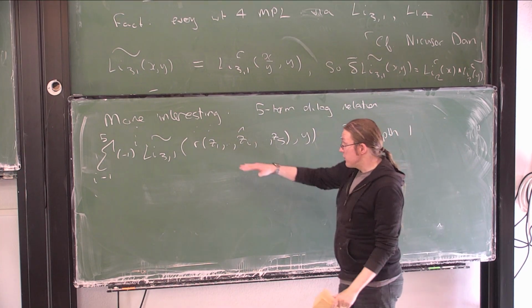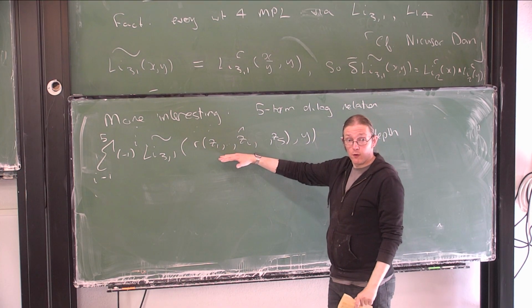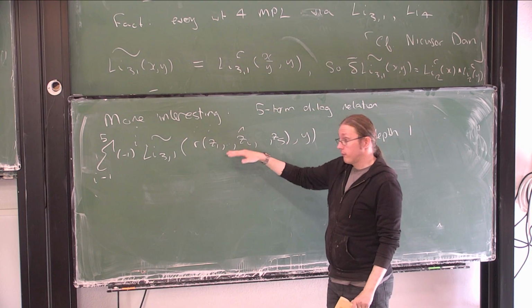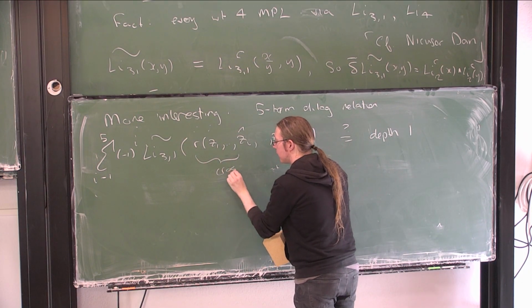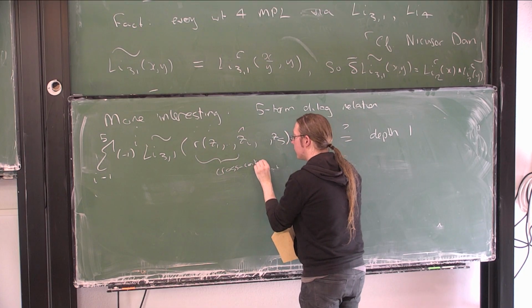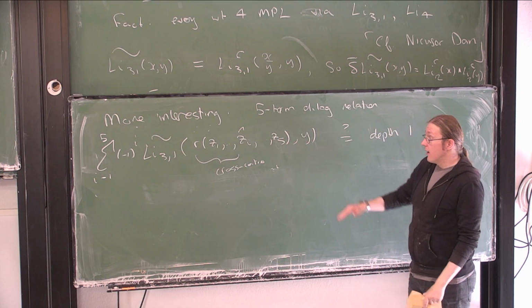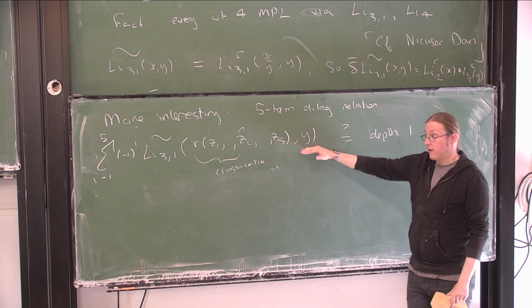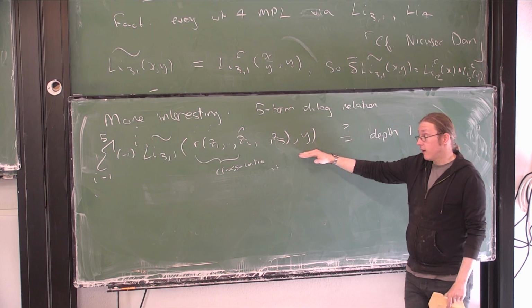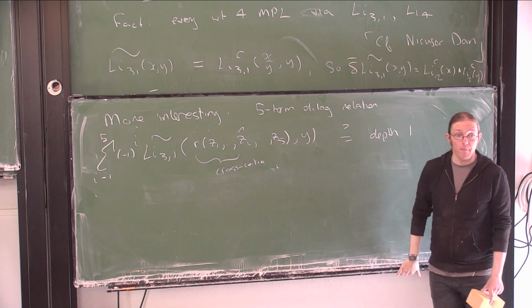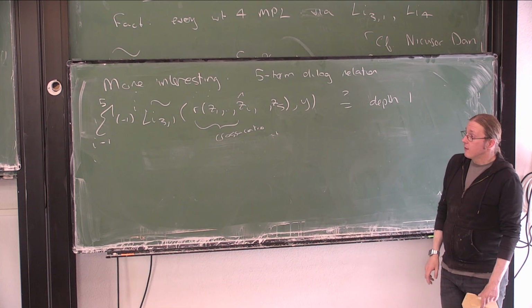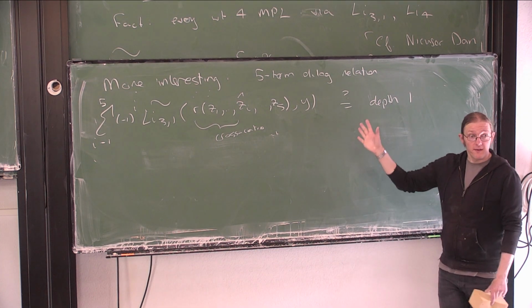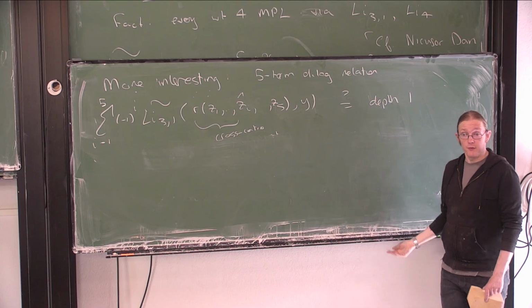The 5-term relation for the dilog was this alternating sum of cross ratios of 4 points out of 5 that summed up to 0. Then applying the depth conjecture here would say Lie 3-1 of the same thing, with a new variable, should reduce to depth 1. The good thing is this identity is true. This does reduce to depth 1.